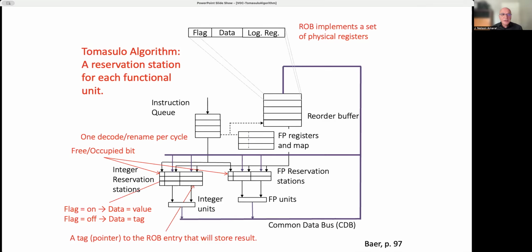The value will also be captured by the reorder buffer to be stored in the entry of the reorder buffer that's associated with the instruction that just did the computation. And when an instruction reaches the top of the reorder buffer, it is ready to be retired, and the value that it has computed will then be written into the register files.